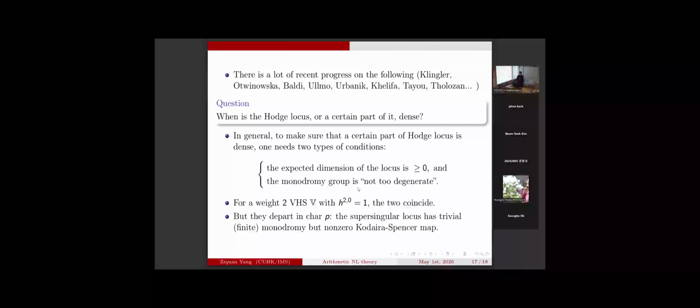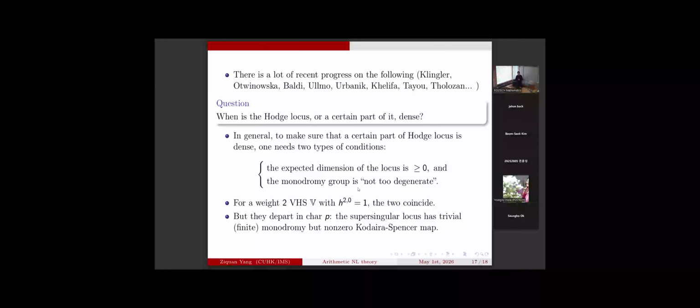But these two conditions become separate in characteristic p. For example, you can take the locus of supersingular K3 surfaces, and on that locus, your monodromy becomes trivial. I mean, it's a priori finite, but you can pass to some étale cover. But they have non-zero Kodaira-Spencer map.